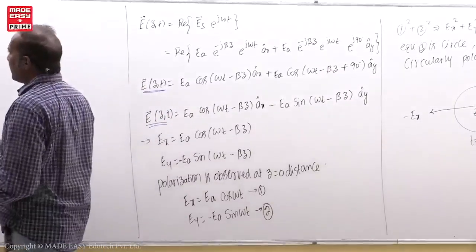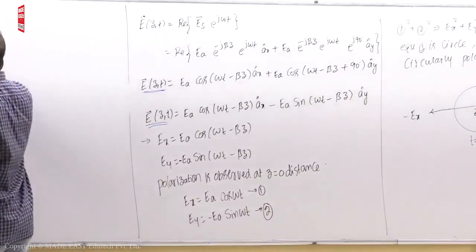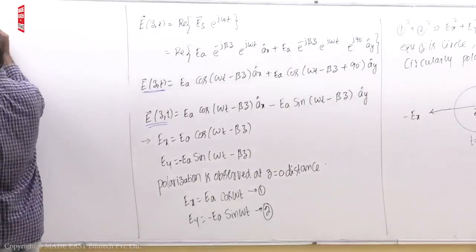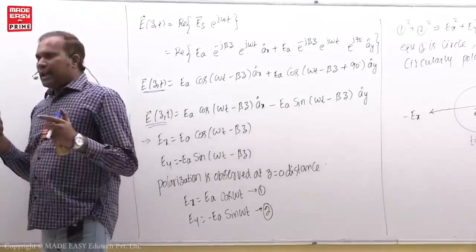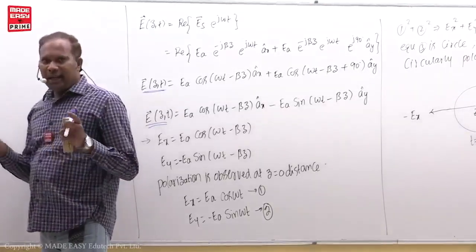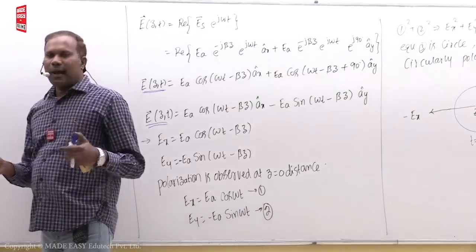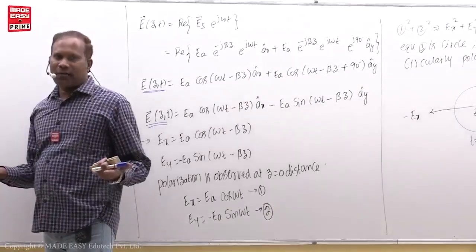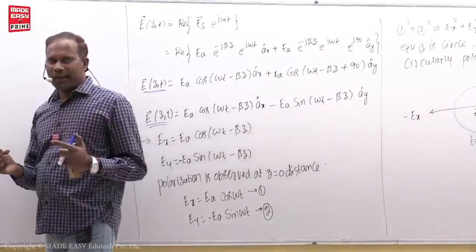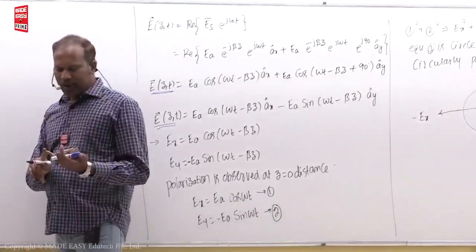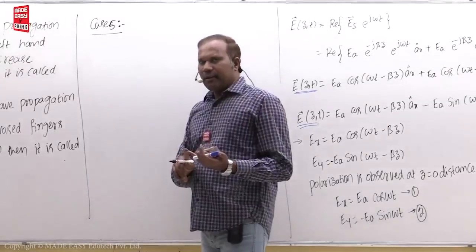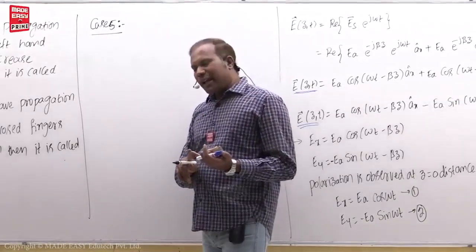Now can you tell me what is case 5? If case 1, case 2, case 3, case 4 are not valid, that is automatically elliptical polarization. That is the way you check the polarization. First, you check for linear polarization. For linear polarization, both components should have the same phase.